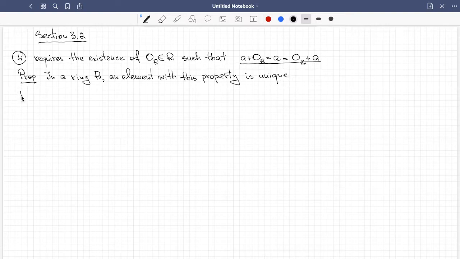The proof is quite simple. We let 0_R and 0'_R be elements which satisfy the property.